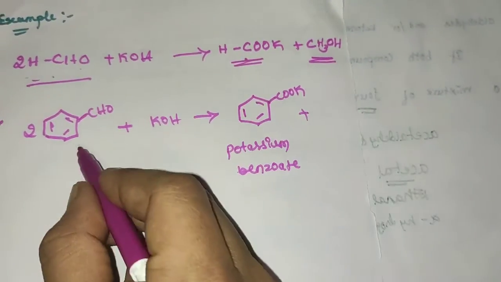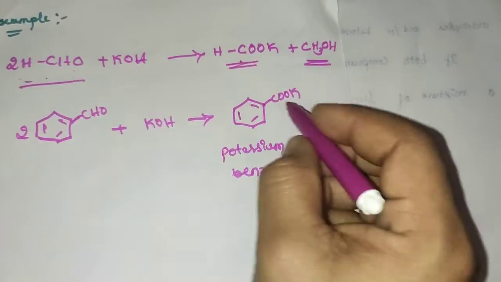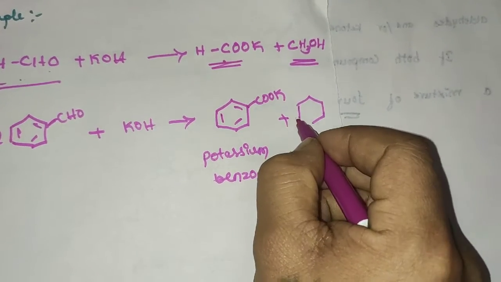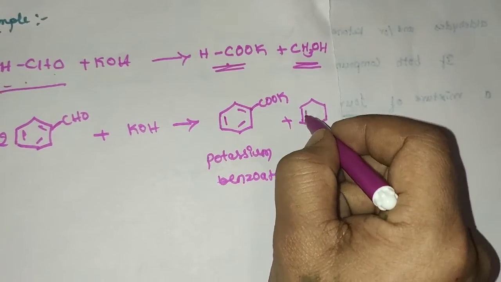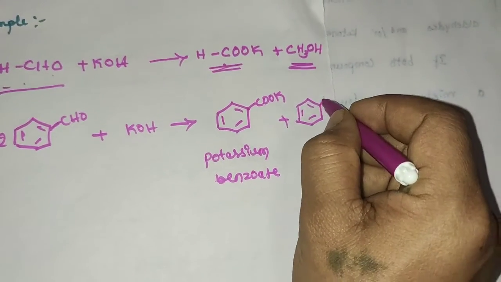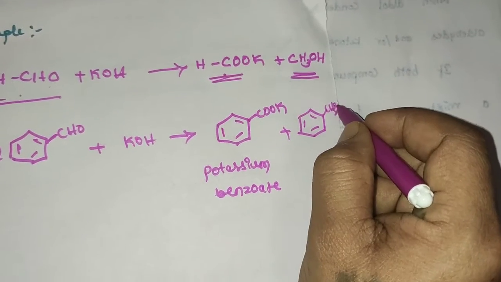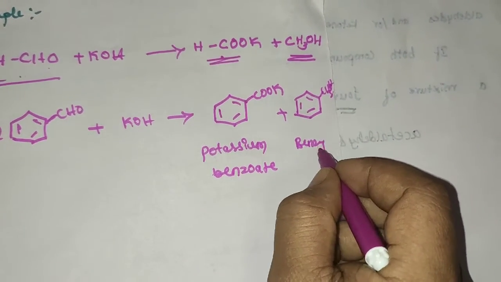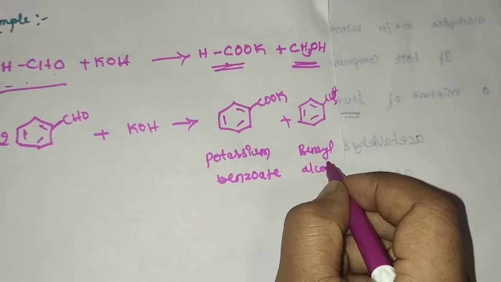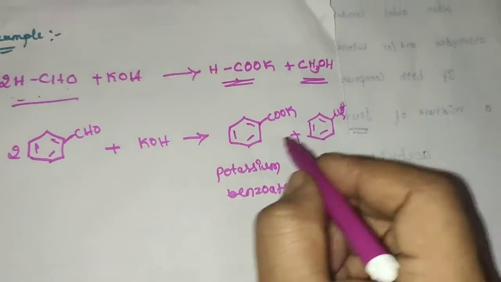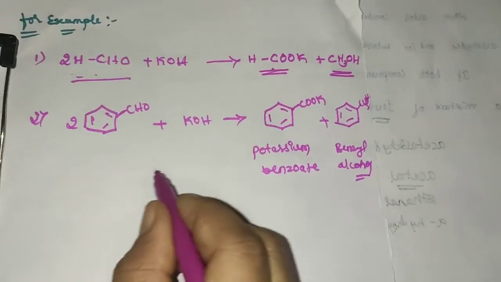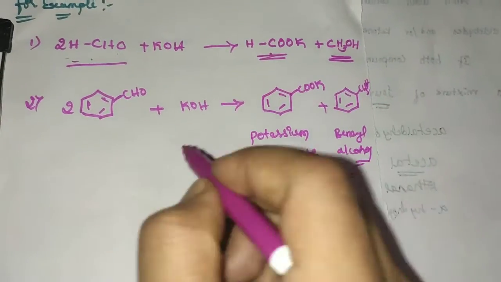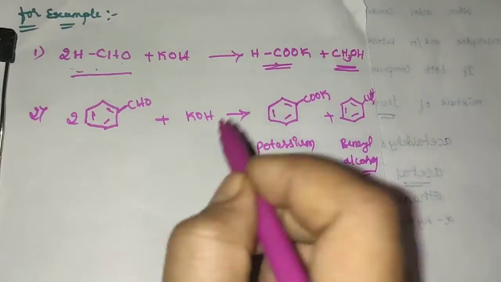And what will be left: the remaining 1 aromatic ring, the benzene ring, is present. Then here we can see CH2OH. So this is called benzyl alcohol. So these are the products formed in the case of the Cannizzaro reaction.